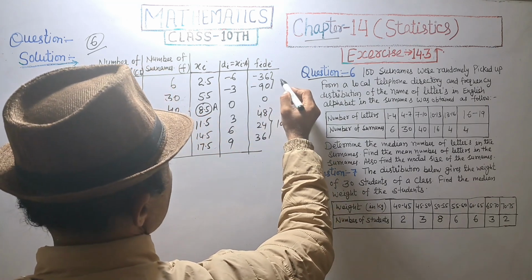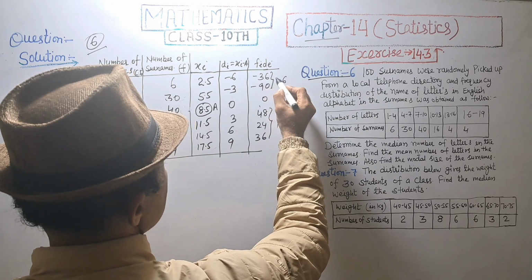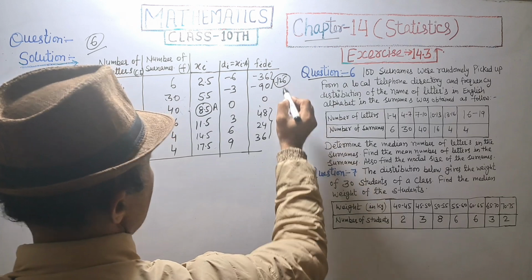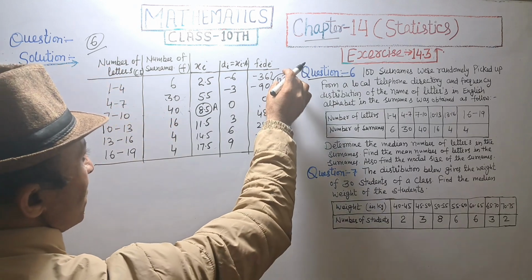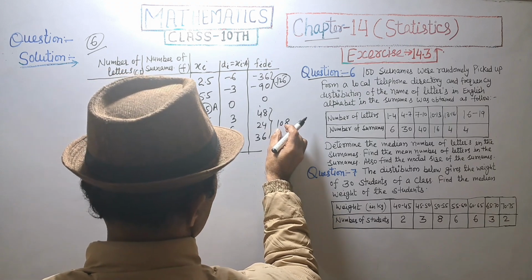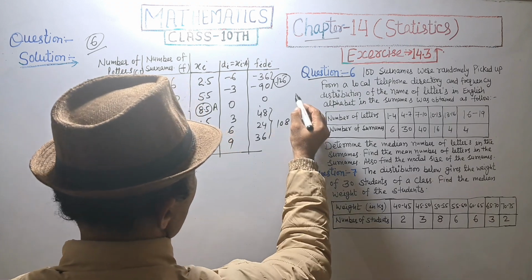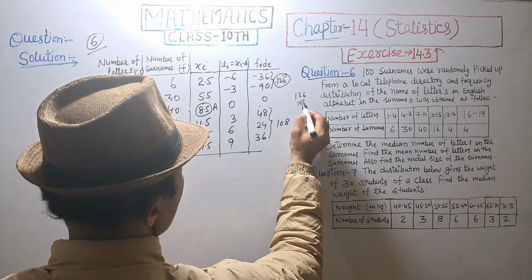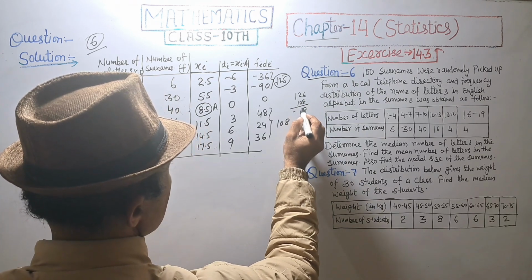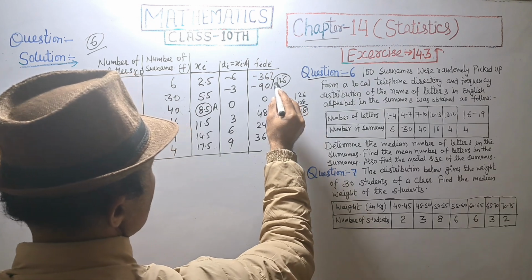And sum of negative numbers is minus 126. And we subtract 126 and 108, that is negative 18.